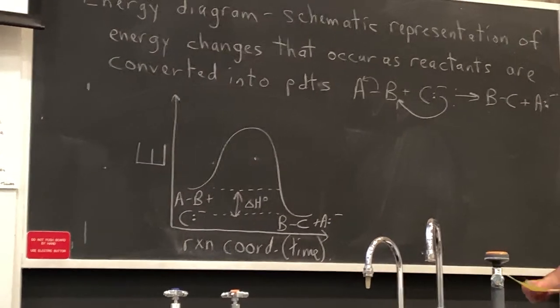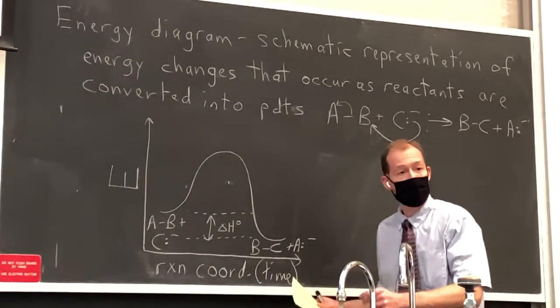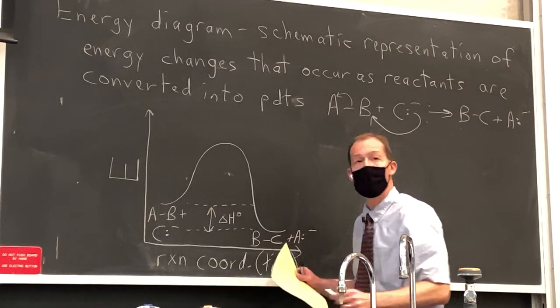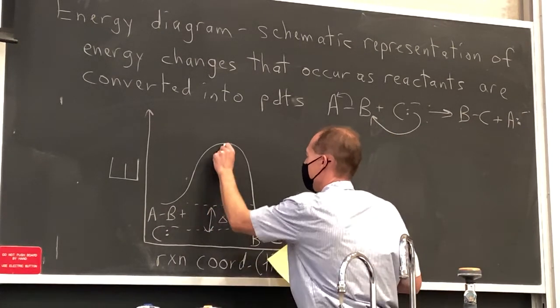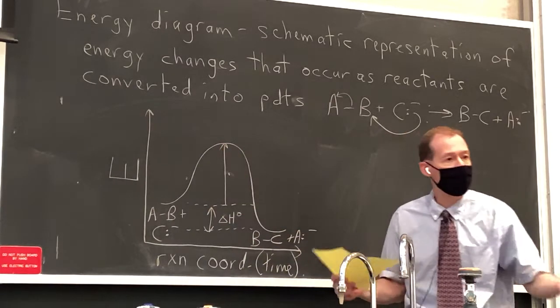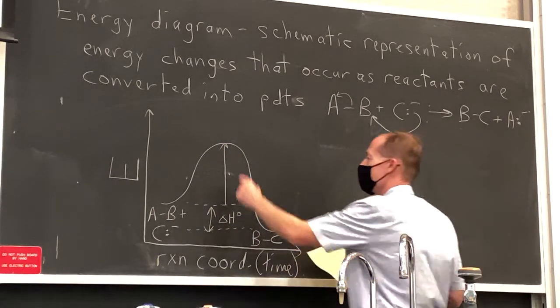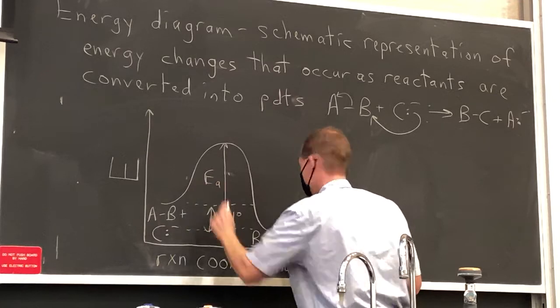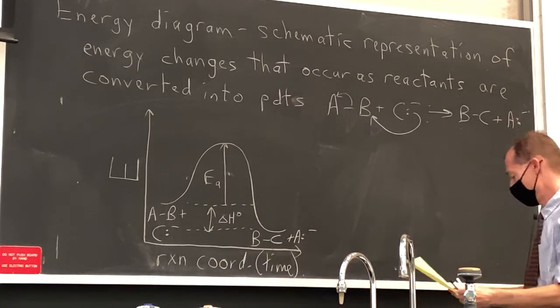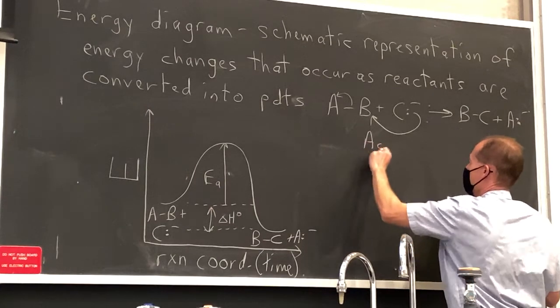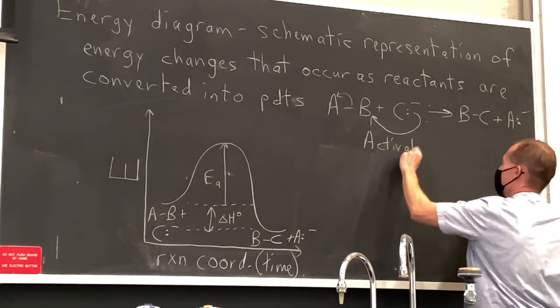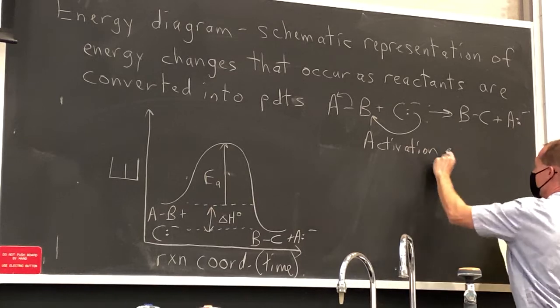And then there's another difference in energy that we have, and that is the difference in energy between the reactants and the energy maximum on this graph. That's referred to as E sub A, or the activation energy. Okay.